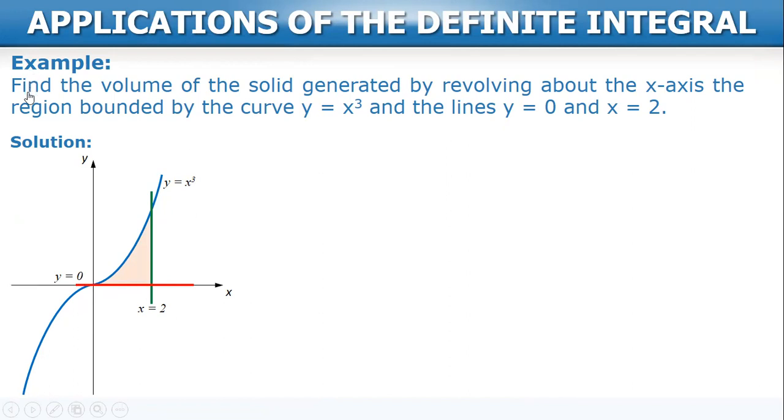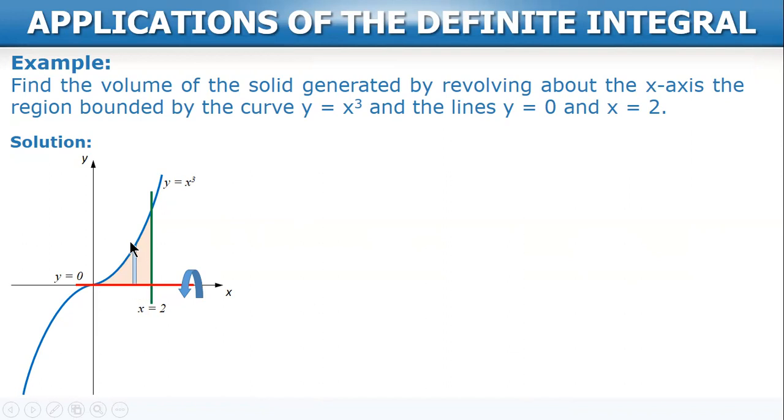Now, let's go back to the problem. You revolve this area about the x-axis. Since our axis of revolution is horizontal, our strip must be vertical. Like that. So pag vertical, y up minus y down. But again, our y down is 0.